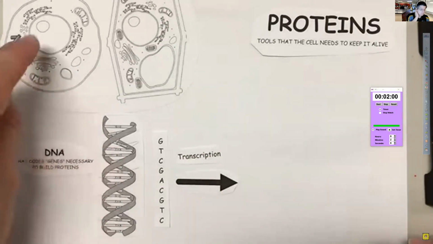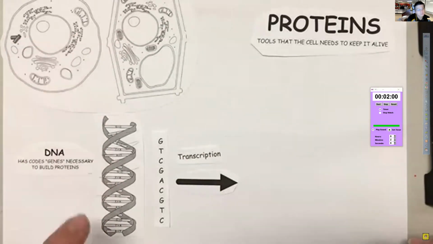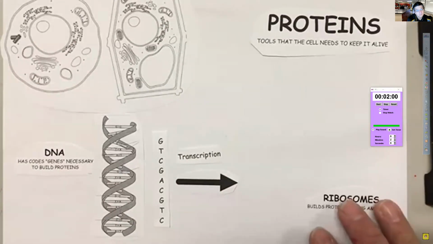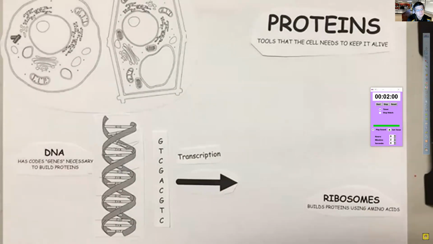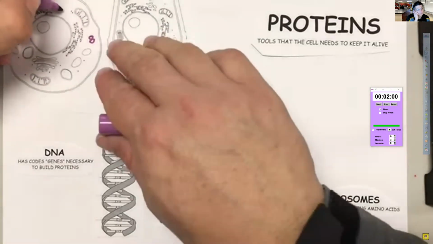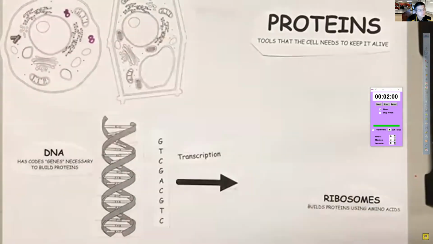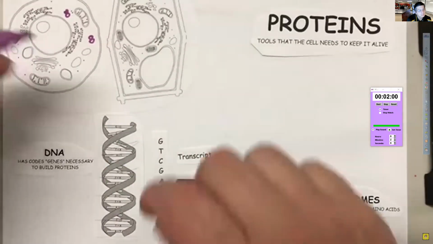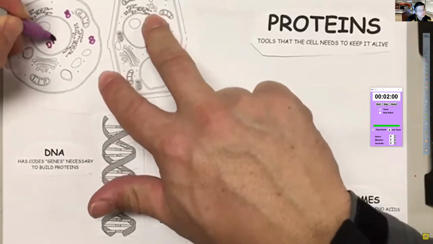Because remember, DNA is in the nucleus. And the guys that are going to make the protein are called ribosomes. So the ribosomes are out here in the cytoplasm, and on the rough ER, but DNA is inside here.